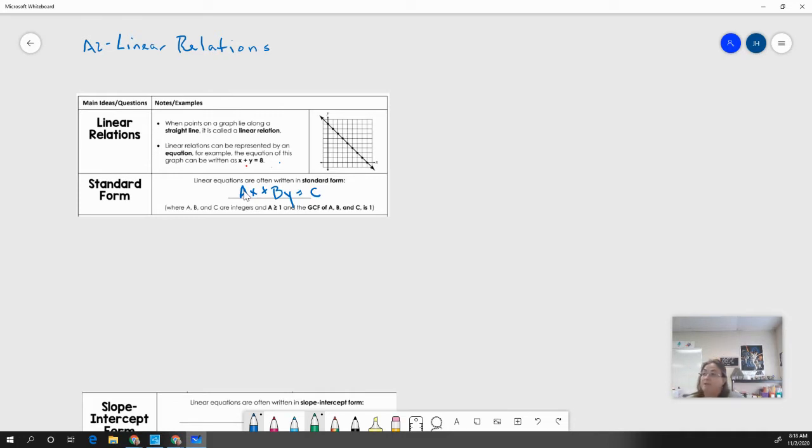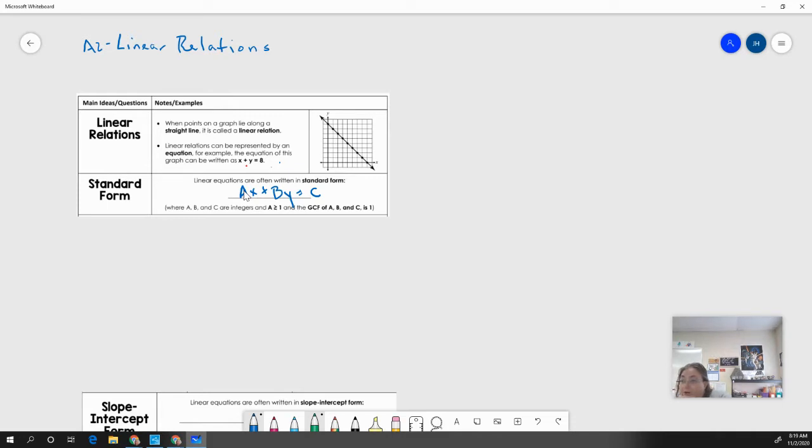One, a, b, and c are integers, which are whole numbers, positive or negative for the most part. But in the standard form of a linear equation, a has to be greater than or equal to 1, right? It can't lead with a negative. Otherwise, we'd have to divide it out. B or C could be negative, but A has to be positive.